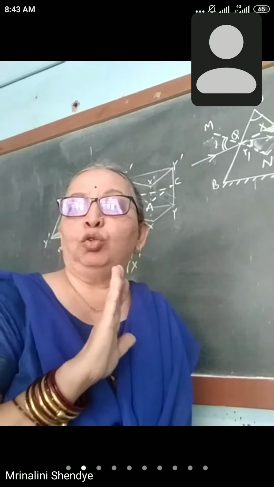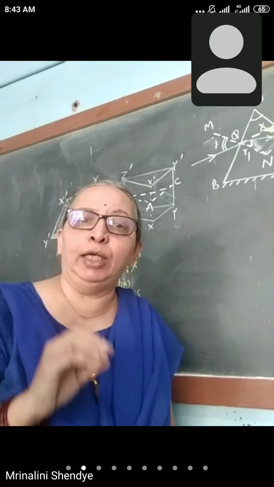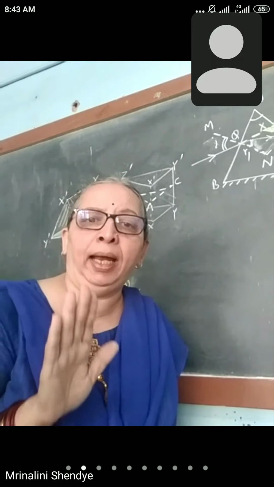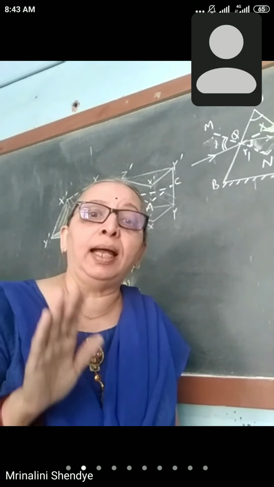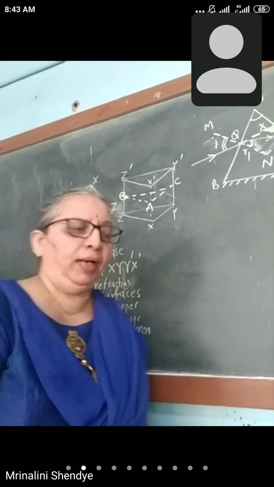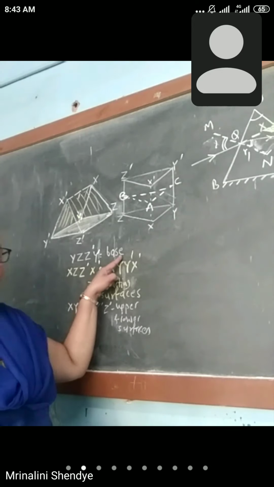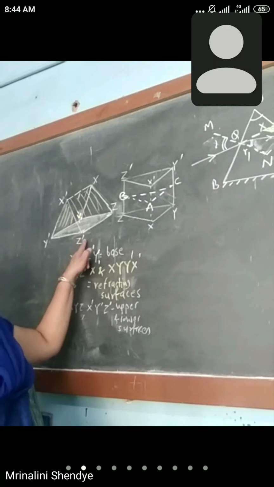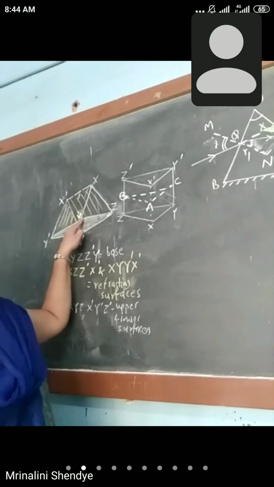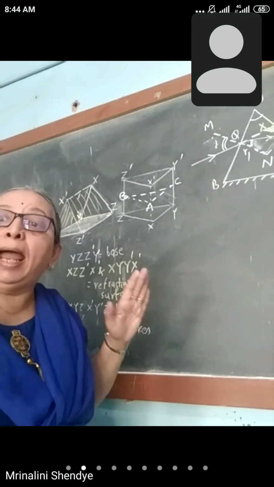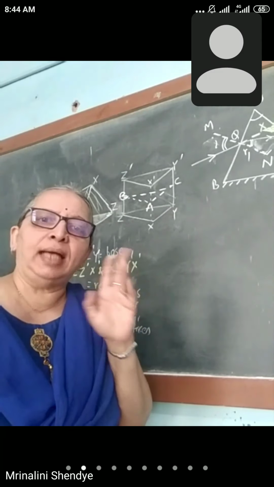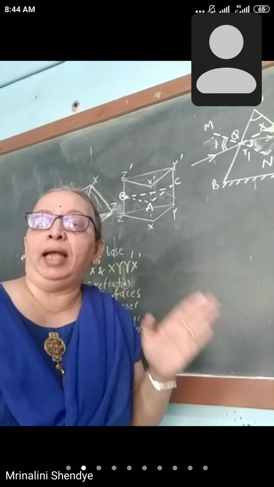One surface is made opaque; out of the three, we have to assume one surface is opaque. That opaque surface is called the base. So in the diagram, z, z dash, y dash and y, I have considered as the base. So only two are left, and both of these are transparent for light.